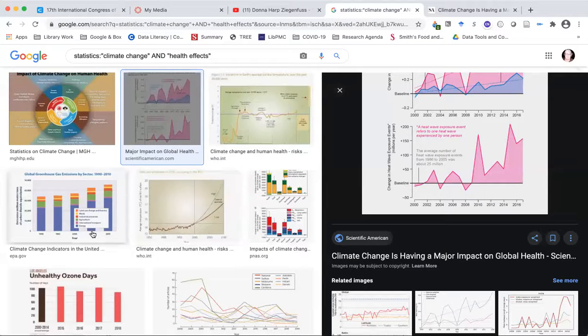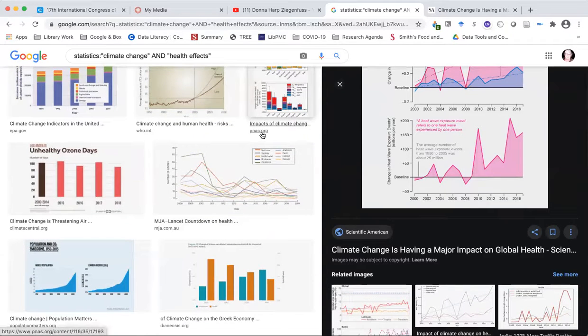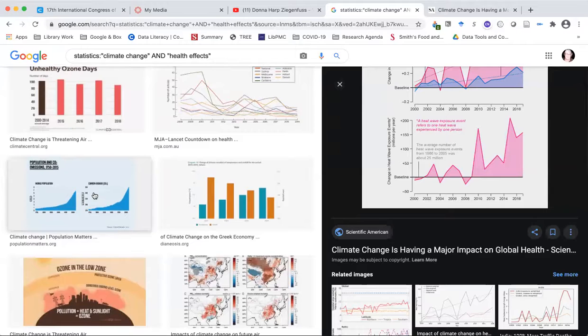Okay, here's another one, the WHO. This is a good, reputable resource. PNAS, which is a scientific organization. EPA. So you want to look at who is publishing these charts and diagrams and make sure that they're a good, reputable organization. This one is out of Australia, and it's published in Lancet, which is a good medical journal.